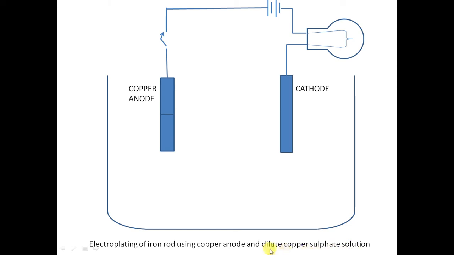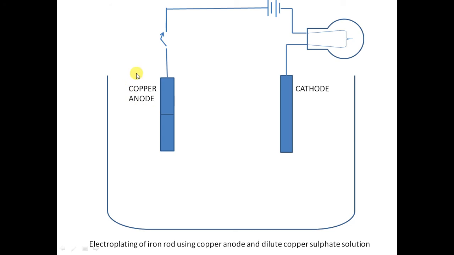This means that it has water in it, which means dilute, and copper sulfate solution is the compound. This shows that it forms 4 different types of ions, 2 cations and 2 anions. And here you can see that anode is of copper.